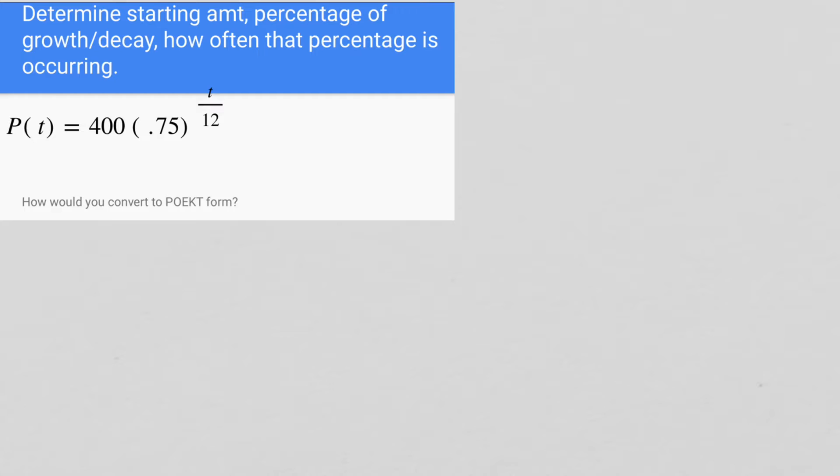Next question, looking at this PERT equation here, determining the starting amount, percentage of growth/decay, and how often that percentage is growing. So what's the starting amount here? It is 400.